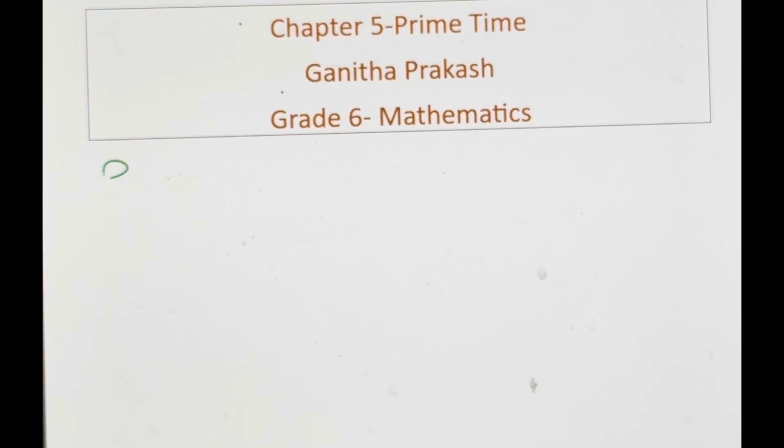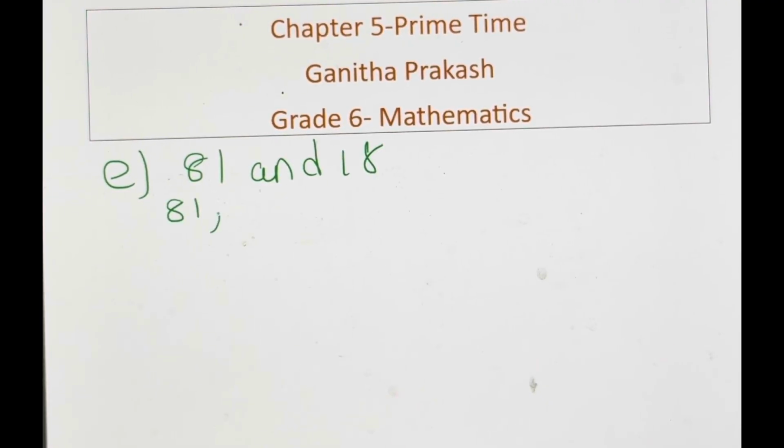In question number E, the numbers are 81 and 18. So factors of 81 are 1, 81, and it comes in the table of 3. So 3 twenty-sevens are 81. You can write like this. Earlier also I taught you this method. 1 into 81, 3 into 27, and then 9. 9 nines are 81, so 9 will be repeated.